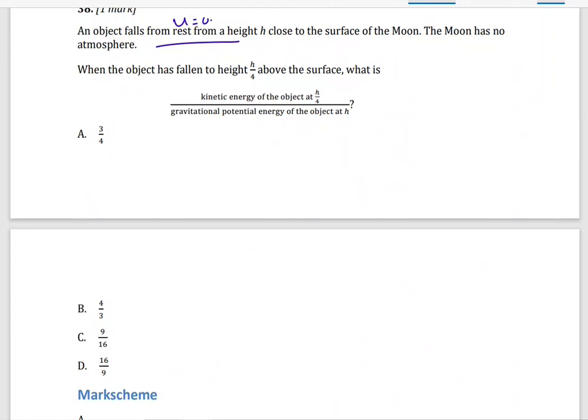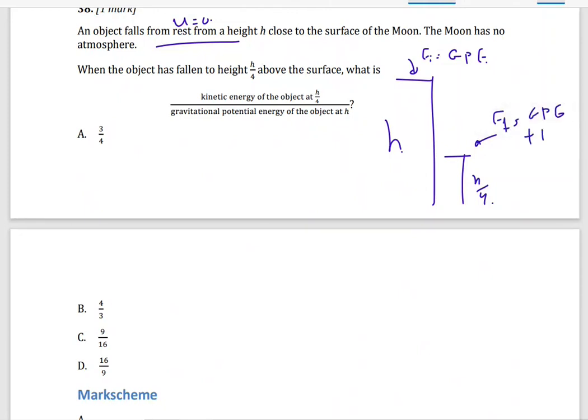So here initially I have height h. The initial energy at this position is only gravitational potential energy. The object will fall and reach h over 4. The final energy there is potential energy and kinetic energy, because the object is still moving.